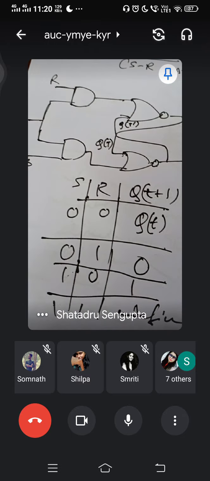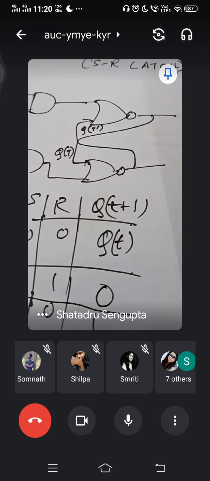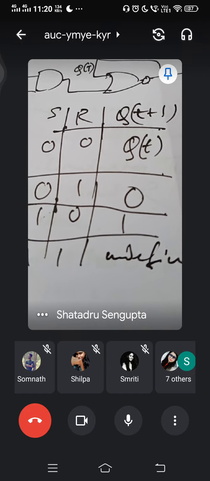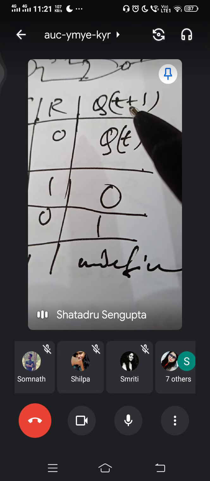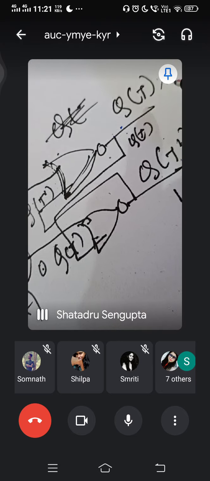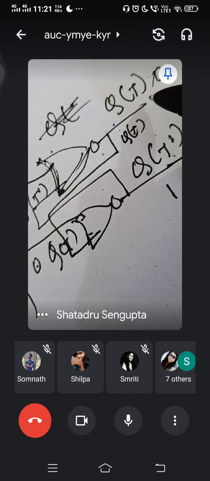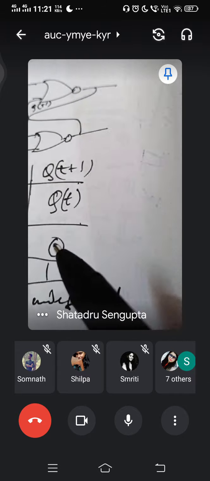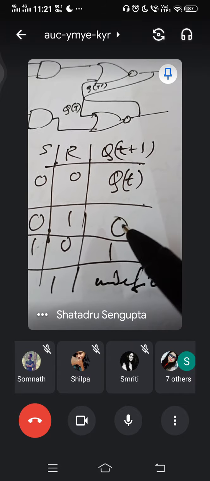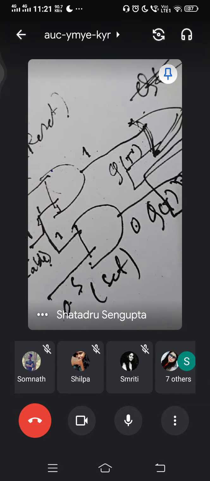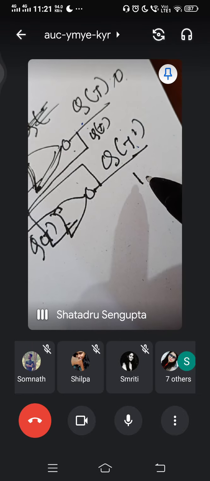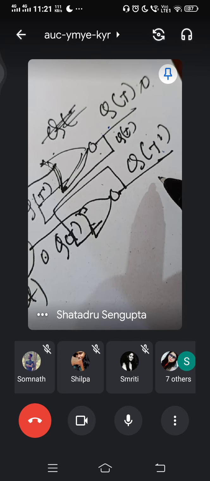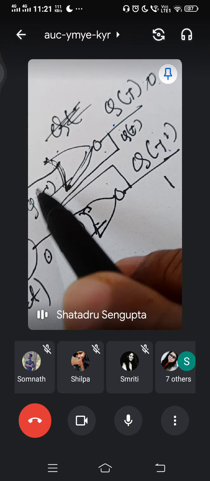It can be seen in the truth table that you see here, that Qt plus 1, that is what is coming out of here, will be 0. The Qt dash is not read, so we will not consider that, but it is fed into here.